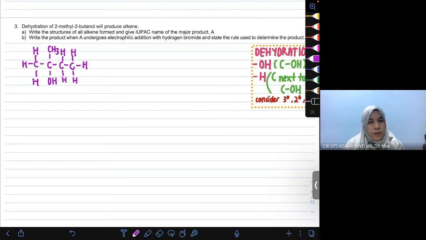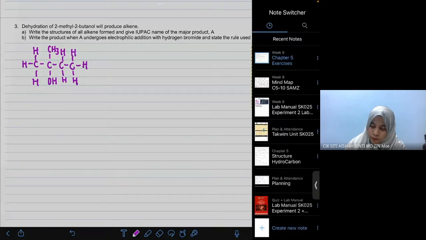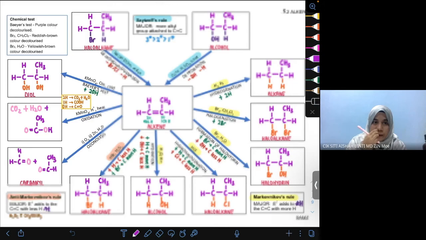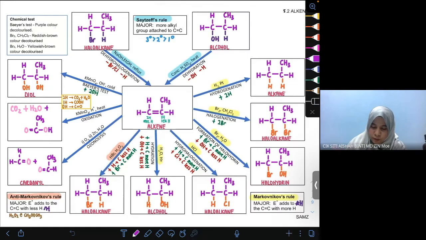So for the dehydration of alcohol here, what is the reagent? Even though the question does not ask you specifically what the reagent is, when we look back at our mind map, dehydration of alcohol is this one. The alcohol forms our alkene.